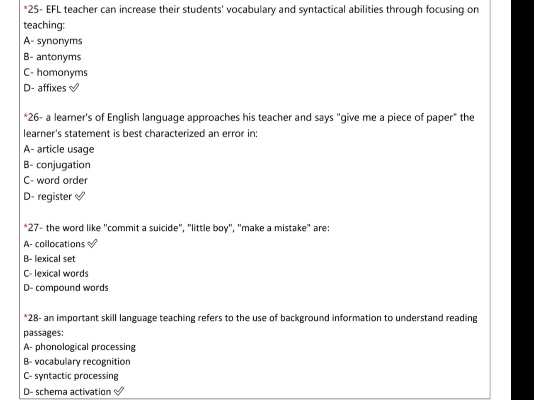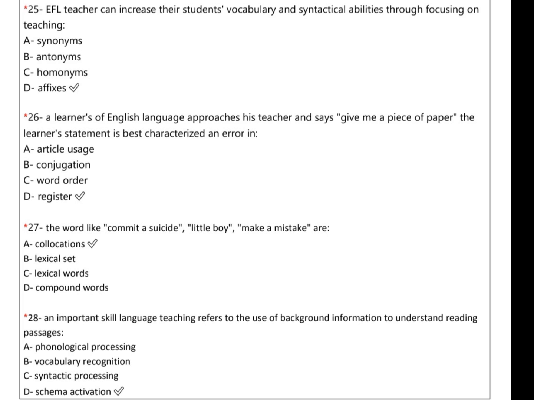25. EFL teachers can increase their students' vocabulary and syntactical abilities through focusing on teaching: A. Synonyms. B. Antonyms. C. Homonyms. D. Affixes. 26.